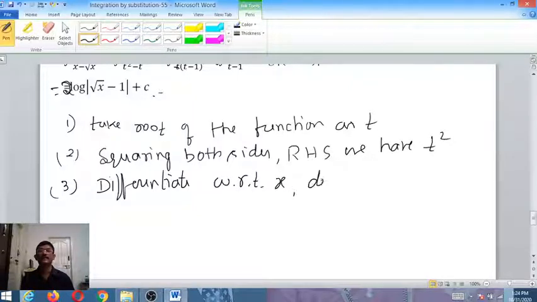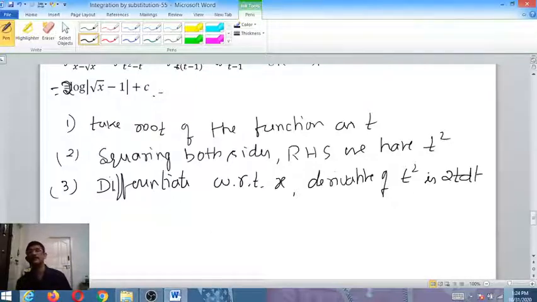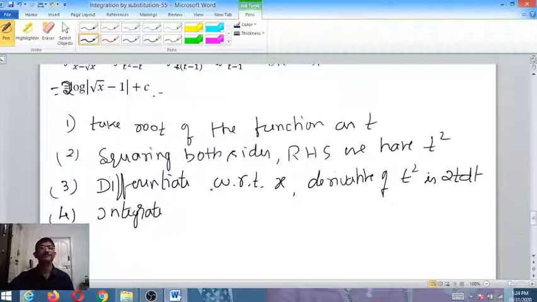Here the derivative of t square is 2t dt. Always remember it. Then integrate it. So these are all the steps you have to remember. Okay. Thank you.